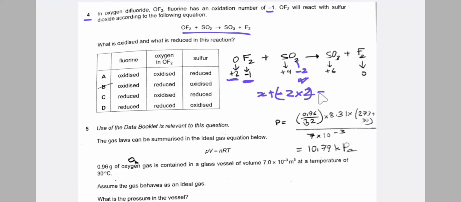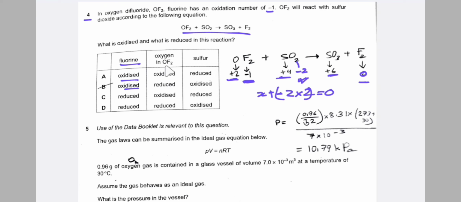So if we calculate the oxidation state of sulfur in sulfur dioxide, it comes to be +4. And here oxygen is -2. So 3 oxygens, that means -6. So sulfur has an oxidation state of +6. And in molecular fluorine, it has an oxidation state of 0. So as we can see, fluorine's oxidation state changes from -1 to 0. That means it is oxidized.